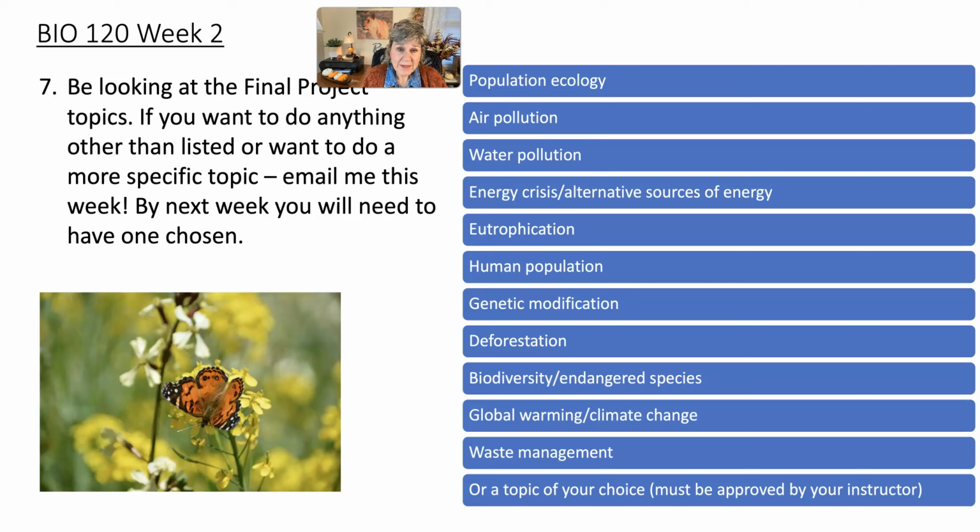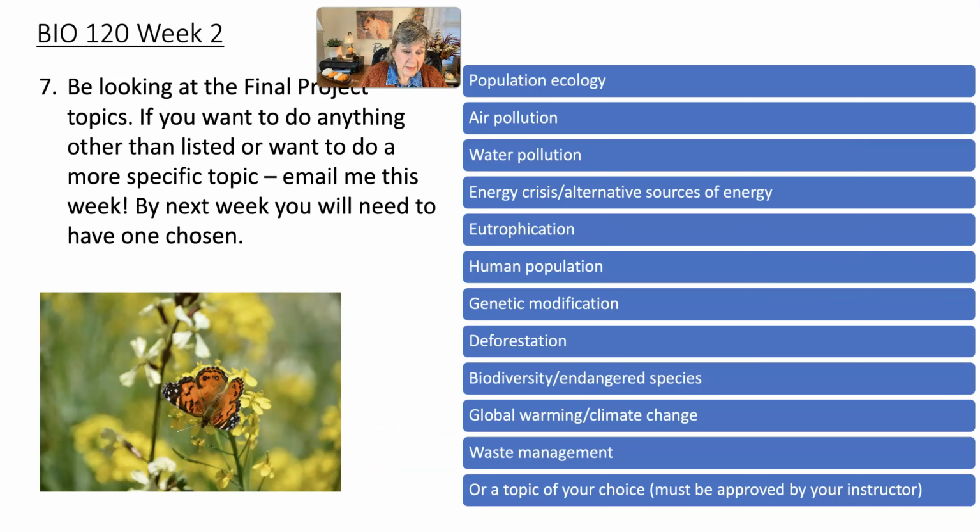That does not have anything to do with biology. It might be some biology that has to do with your major, for example, if you're a psych major. And we can discuss that, but you have to run it past me so that I can make sure that it's biology related.